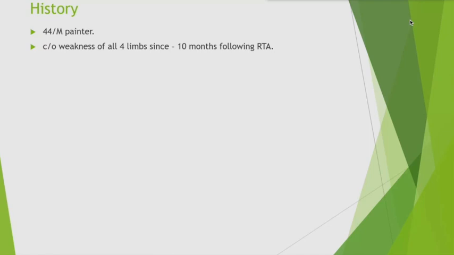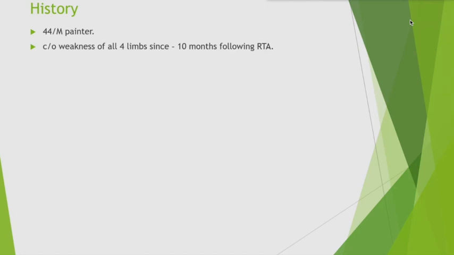So what is the difference between quadriplegia and diplegia? Quadriplegia is affecting all the four limbs, and diplegia means two limbs are affected.